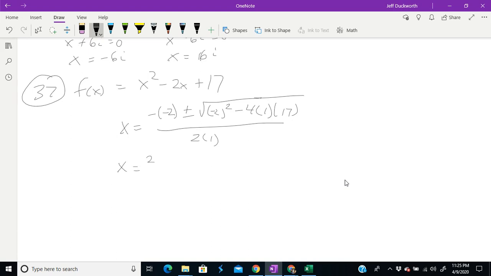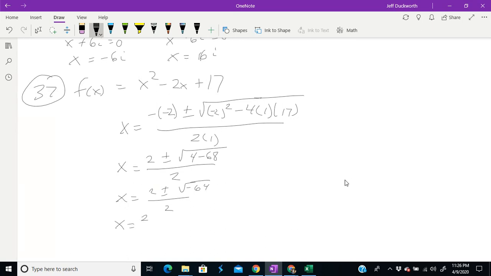It's 2 plus or minus the square root of 4 minus 68, and that's over 2. It's negative 64.